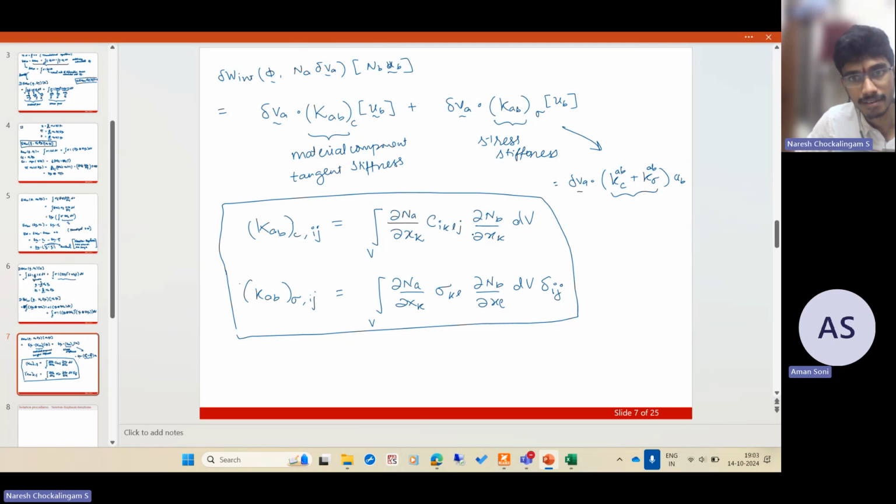I got the clarity on the formulation, but I want to get the physical significance of this stress stiffening. What is the physical meaning of this one?